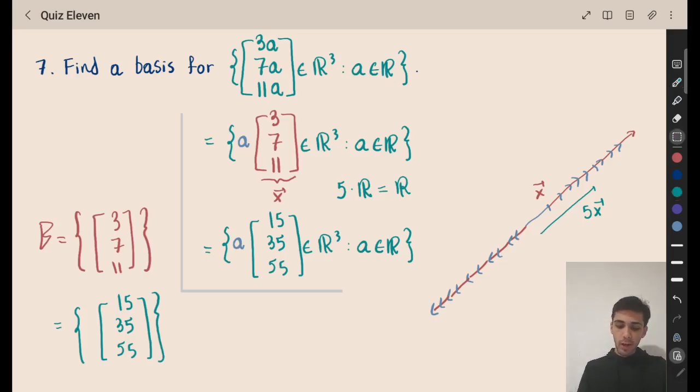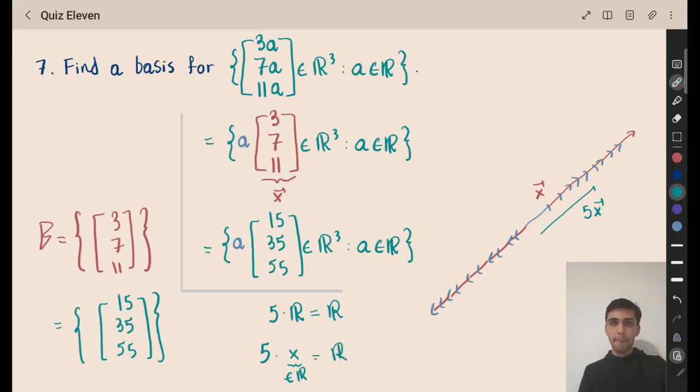Now when I say multiply 5 by R, I mean you take 5 times x for x in R. This will always give you a number in R. What I really want to say is we have all the scalings in the world. So it doesn't matter if I take this one, or if I take a multiple of 5 from it, or if I take a multiple of 50 or 27.431.